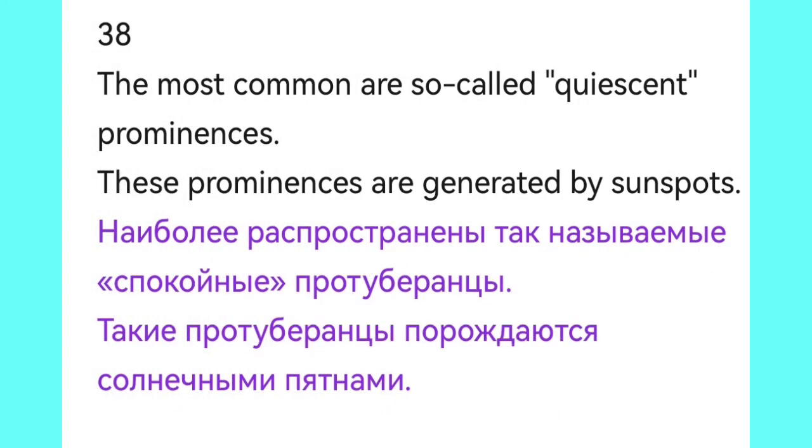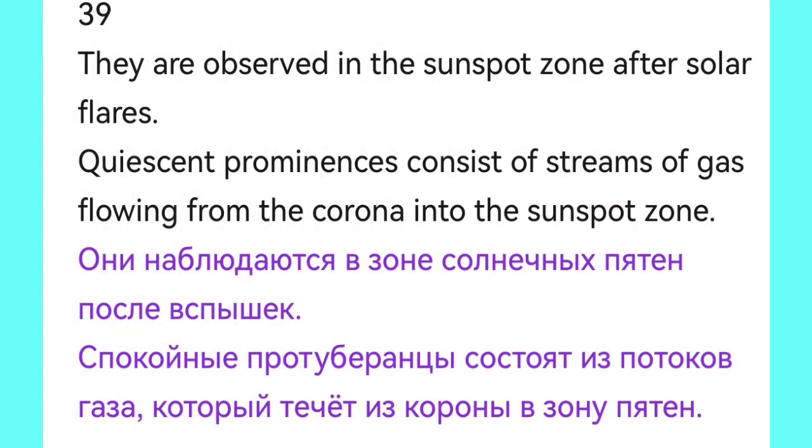The most common are so-called quiescent prominences. These prominences are generated by sunspots. They are observed in the sunspot zone after solar flares. Quiescent prominences consist of streams of gas flowing from the corona into the sunspot zone.